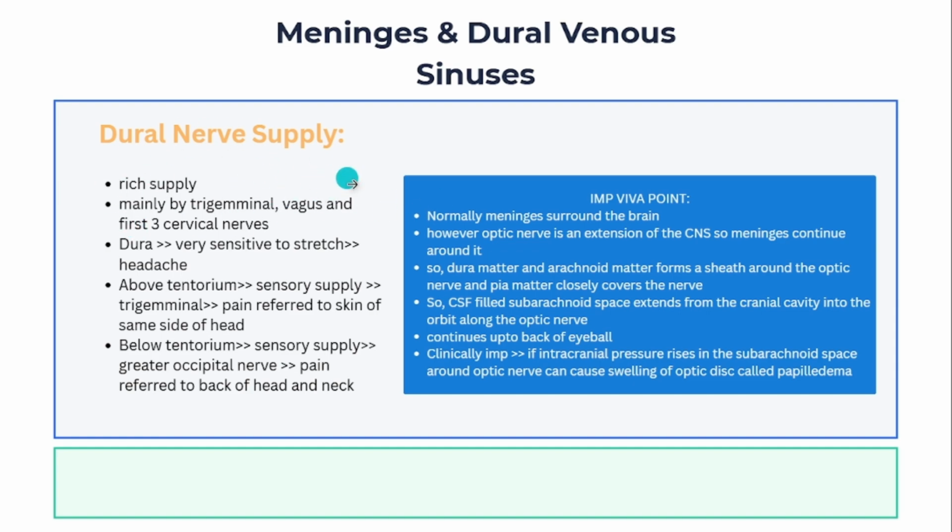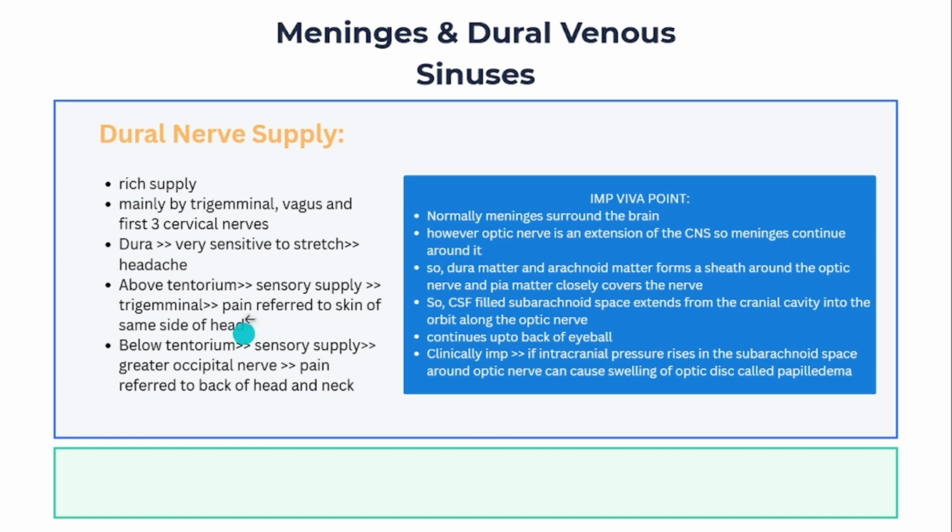So the optic nerve is basically an extension of the CNS toward the eyeball, and as these meninges surround the brain, these meninges also continue around the optic nerve. So the dura mater, the arachnoid mater, and the pia mater all surround this optic nerve. That means the CSF filled subarachnoid space also extends from the cranial cavity towards the eyeball along the optic nerve, and it continues up to the back of the eyeball.